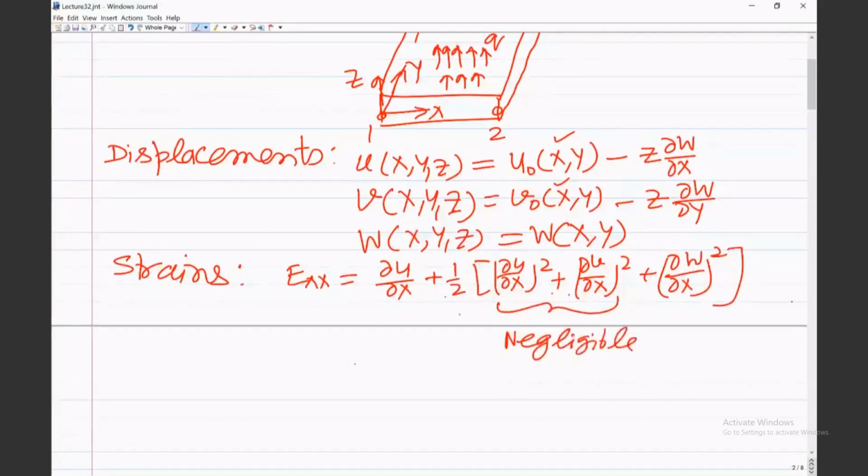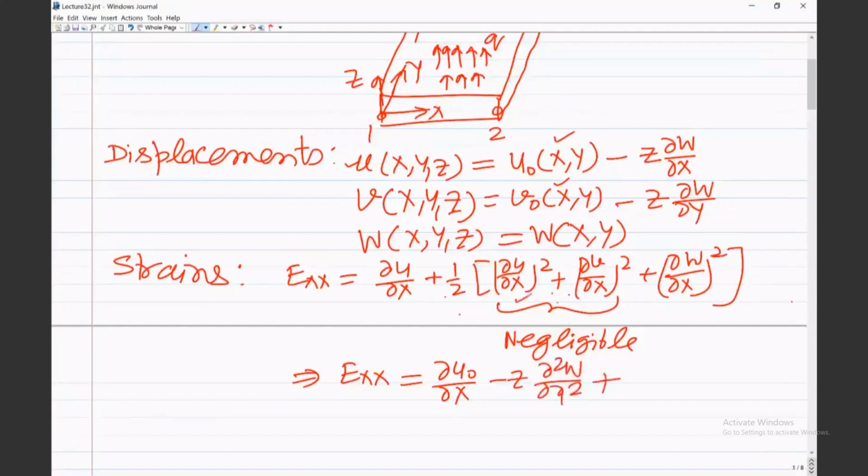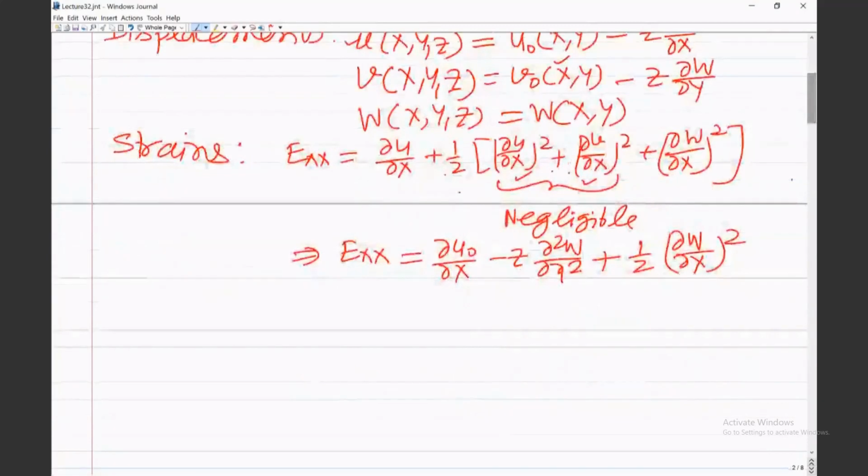So now if you put this approximation of u here, then you can say that exx will be equal to del u naught by del x minus z into del 2w by del x square, plus, since these two terms are negligible, in the nonlinear part we will have only half of del w by del x whole square. So this is the final expression for exx we are using.